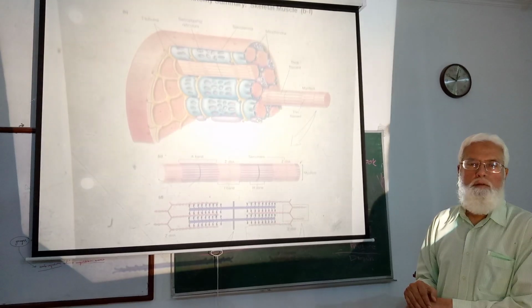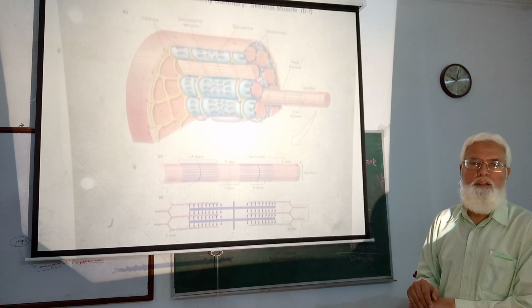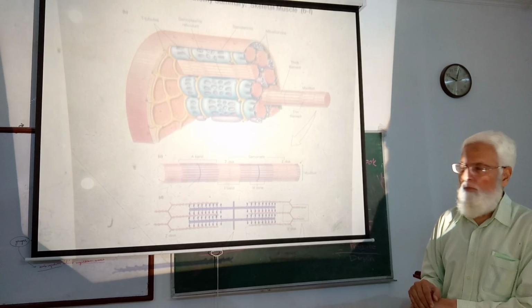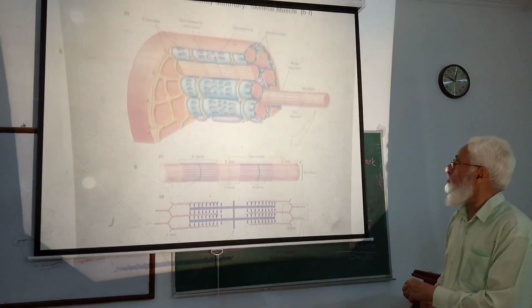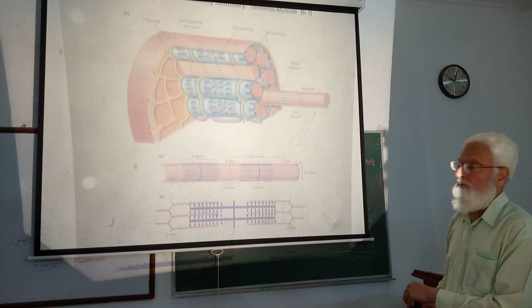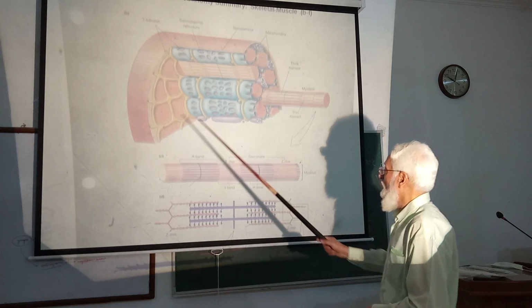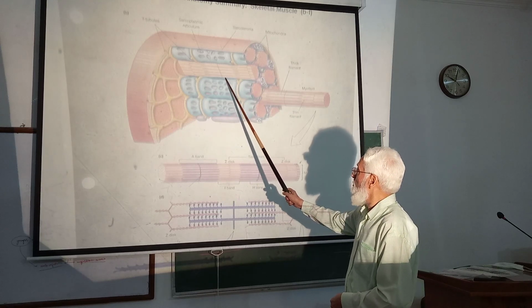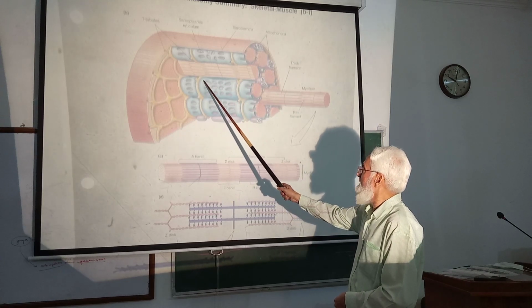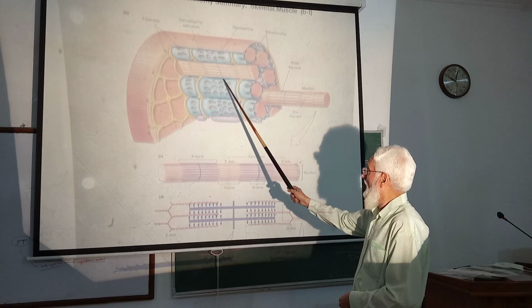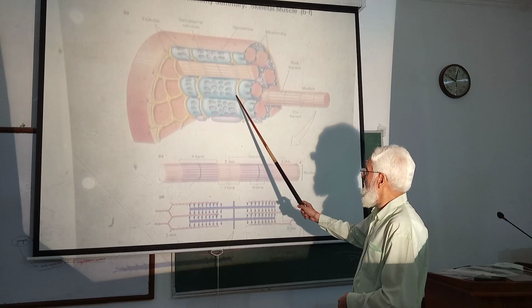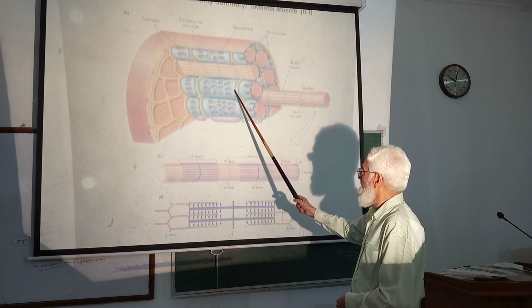In the last lecture, at the end, I started the discussion on skeletal muscle. I discussed the sarcoplasmic reticulum or sarcotubular system, consisting of the longitudinal tubules or L tubules having dilated ends called terminal cisternae.